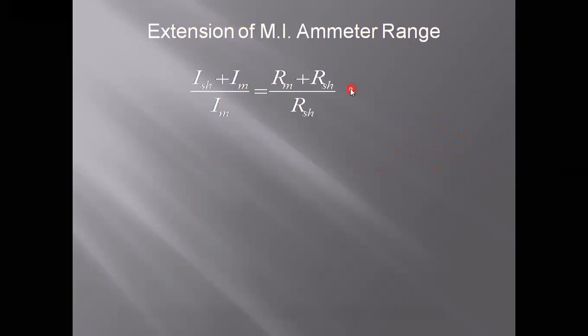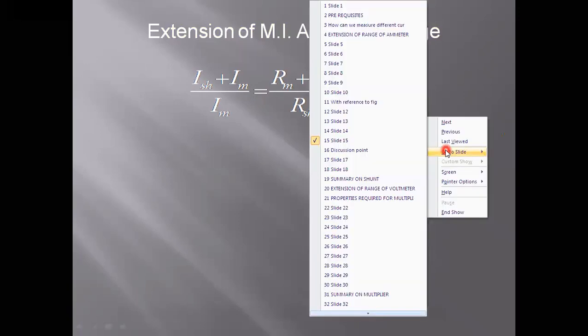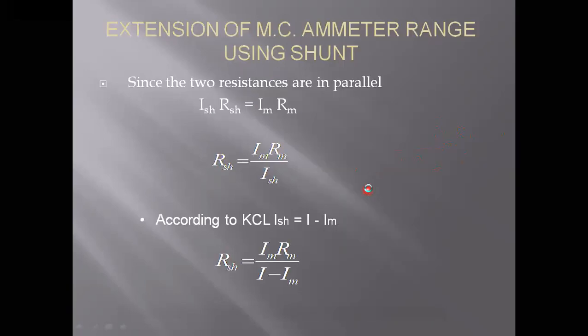So coming to the equation again, we have ISH plus Im by Im equal to Rm plus RSH by RSH. Just like the step that we made in MC, we are just directly writing that equation.